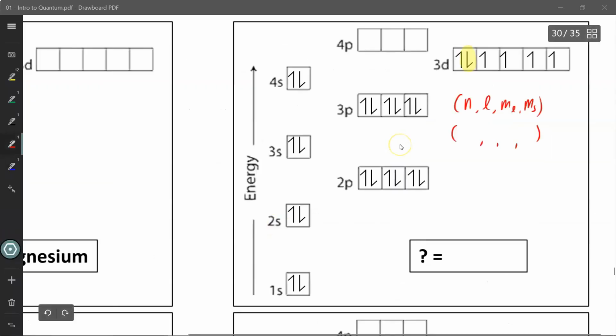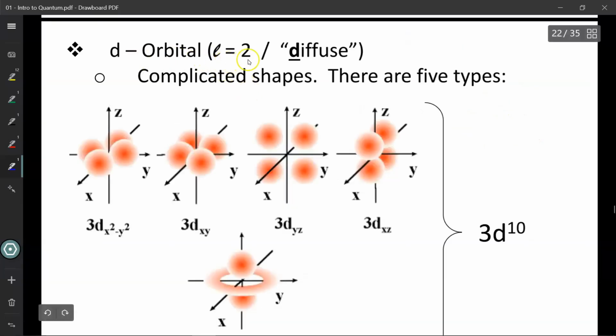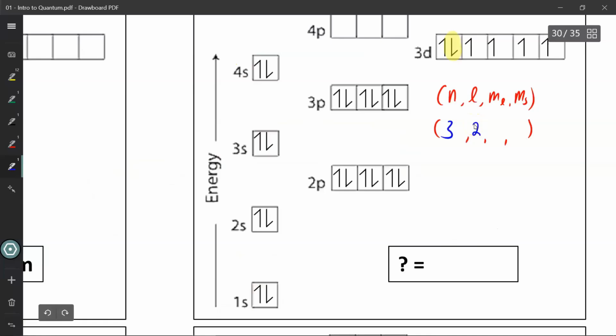What I want you to do is press pause, and then try and give me the 4 quantum numbers for this specific electron right here. When you're ready, press play, and we'll go through it together. Alright, so this electron is in the 3rd shell, so its energy level is 3. Next, it's a d orbital, and if you recall, d orbitals have an L value of a 2, so we'll write down a 2.